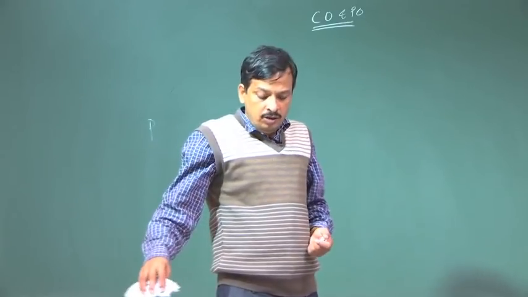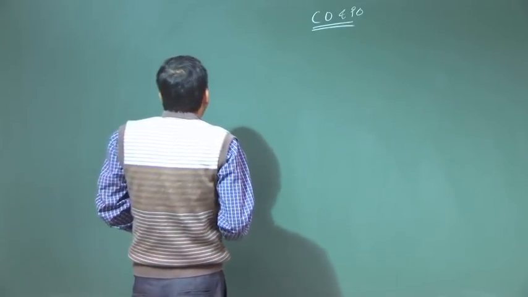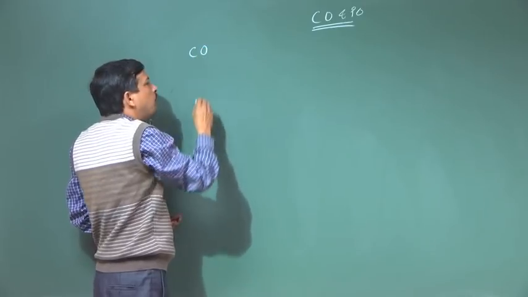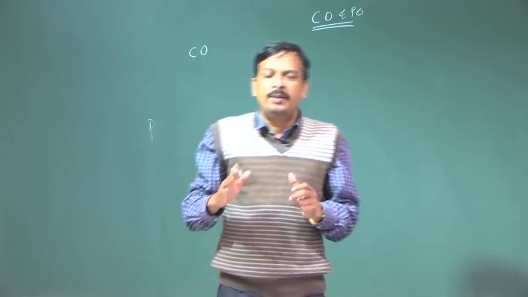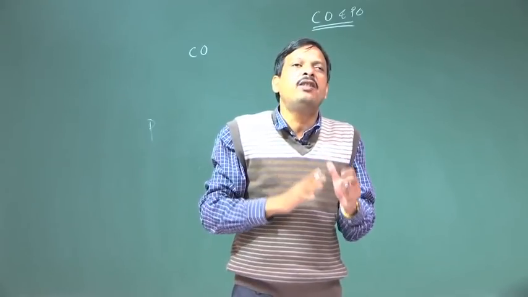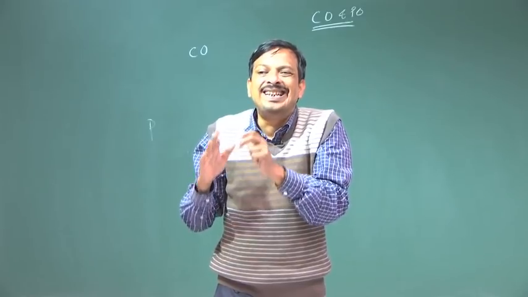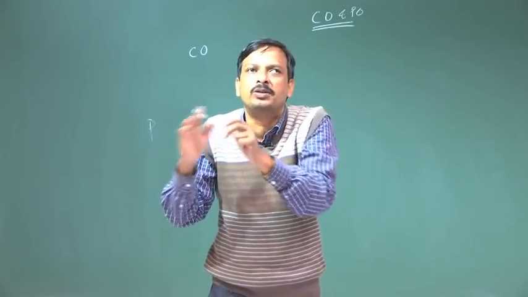Okay. So, my first objective is, what is an outcome? We said that COs are nothing but 4 to 6 major takeaways by the student at the end of the course. So, at the end of the course these skill sets will be developed in the students.